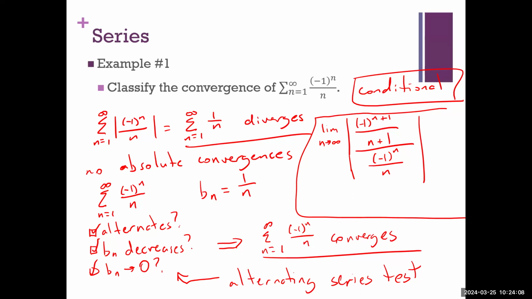So let's see what the ratio test tells us here. I'm looking at absolute values, right? So doesn't this just become the limit as n approaches infinity of 1 over n plus 1 over 1 over n? Which if I simplify becomes the limit as n approaches infinity of n over n plus 1.